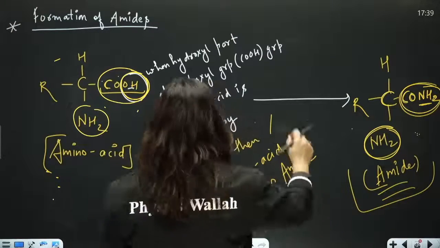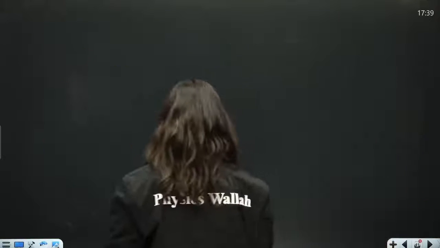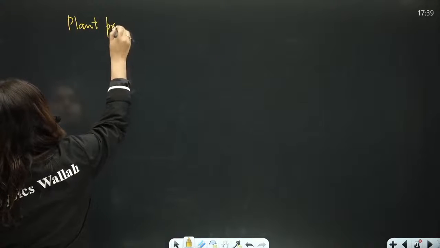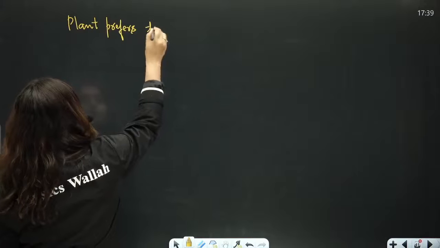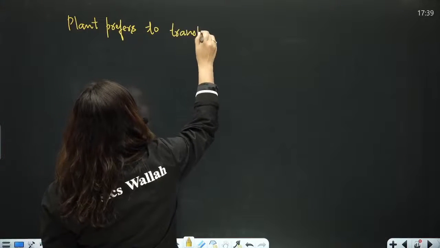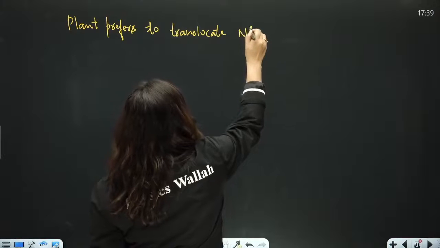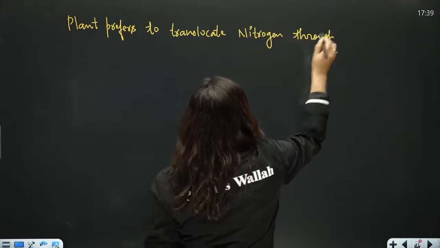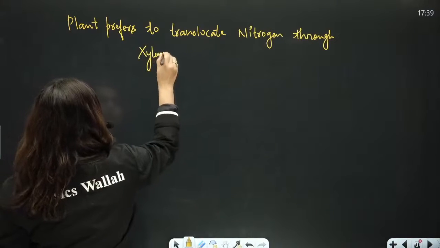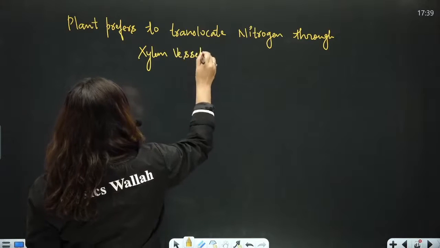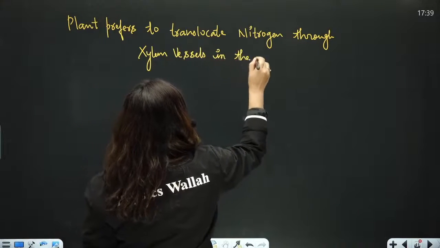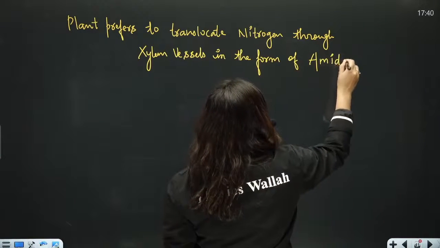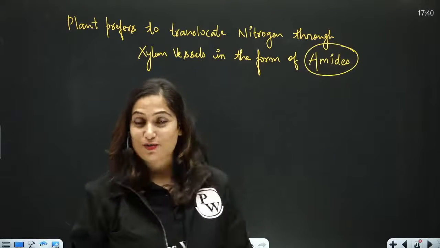And the plant prefers to translocate nitrogen through xylem vessels in the form of amides, right? And why amides? Because a single molecule of amide contains 2 nitrogen.